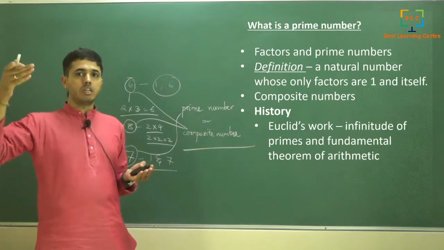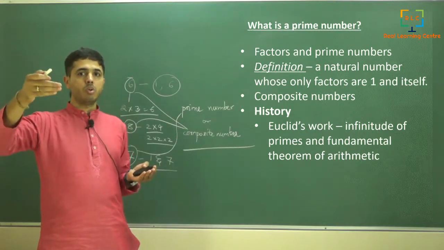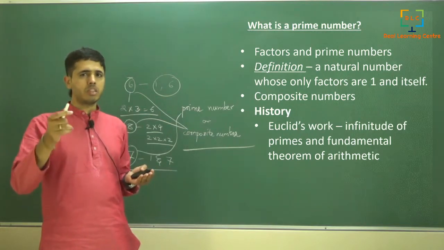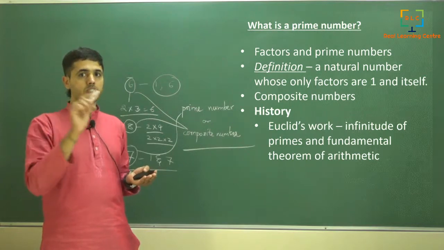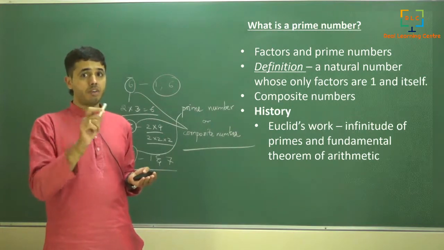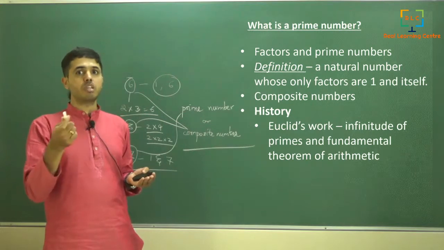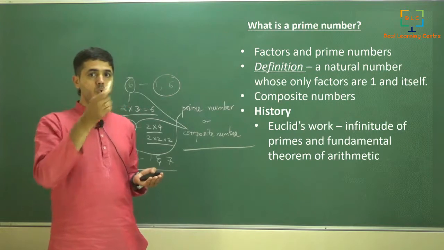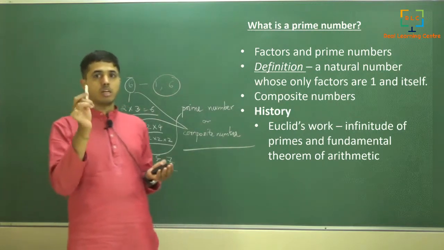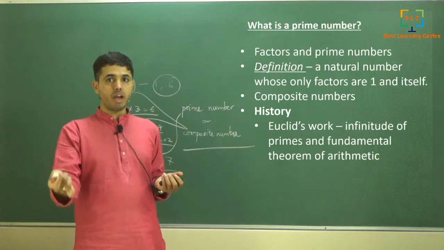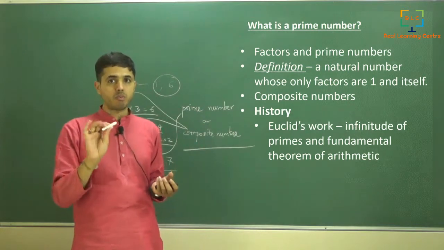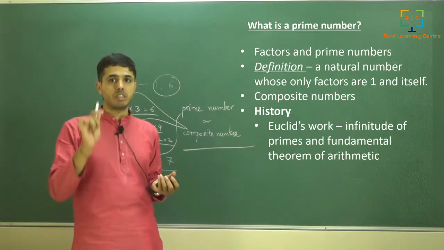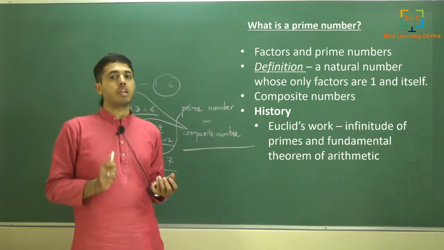But after certain numbers, for example, 21 is a composite number, 22 is a composite number, 23 is a prime number, 24 is 6 into 4, 25 is 5 into 5, and 27 is 9 into 3. So what you can understand here is that between 2 and 10 you have 4 prime numbers, 2, 3, 5, 7, but between 21 and 30 you have only 2 prime numbers, that is 23 and 29.